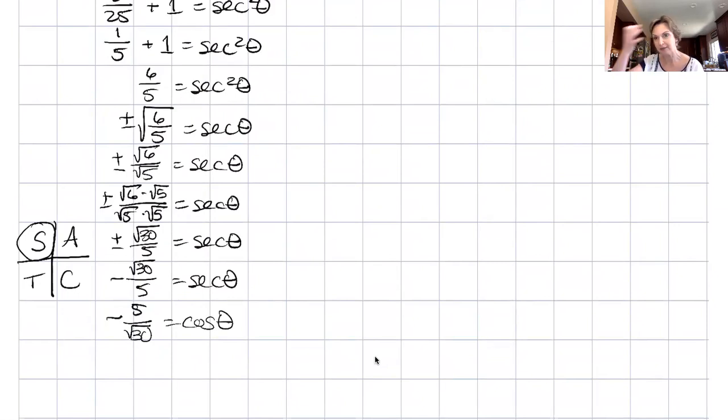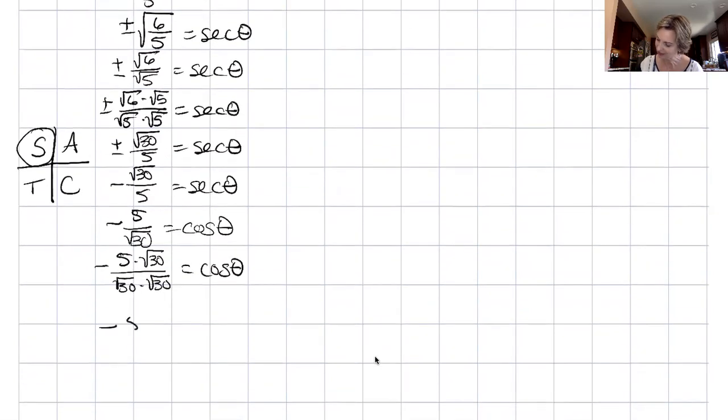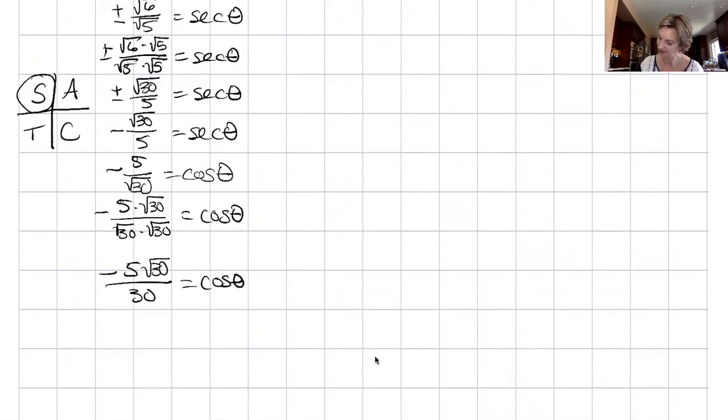But now look what we did. We went and put the square root in the bottom. So now we need to multiply top and bottom by that square root. So you would have negative 5 square root of 30 over 30, which simplifies a smidge to negative square root of 30 over 6.